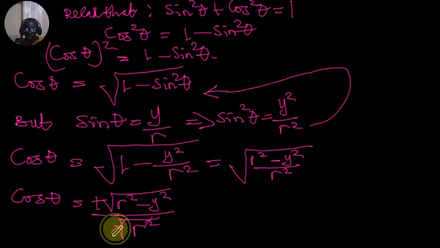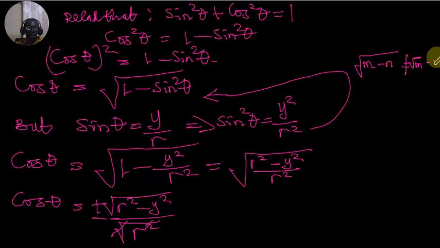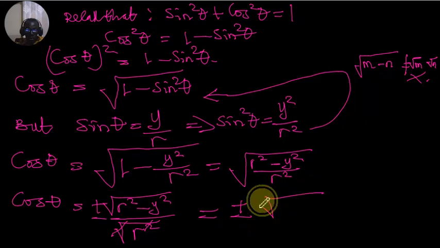Square here will cancel this square root, but that is not applicable to subtraction, because root of m minus n is not equal to root m minus root n. So we can't do that here. So this actually becomes plus or minus the square root of r squared minus y squared over r.